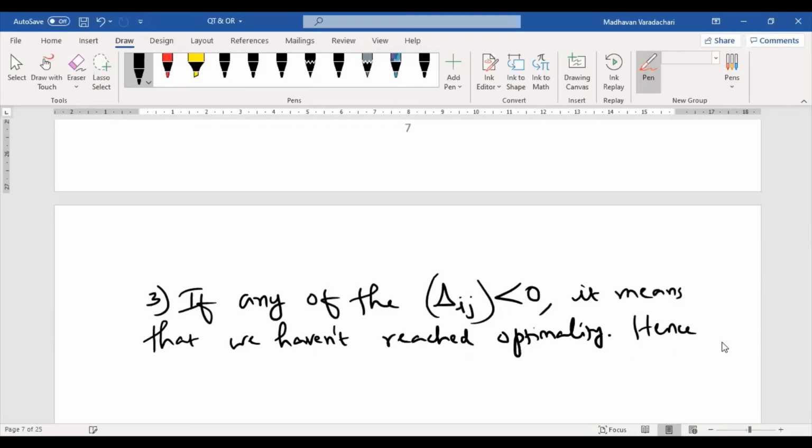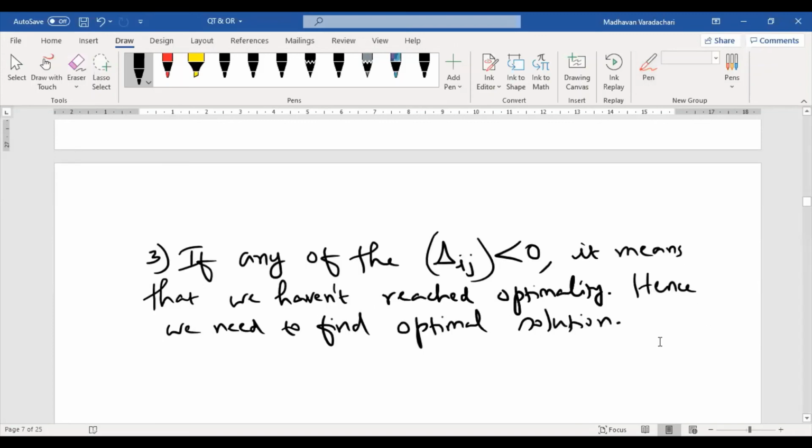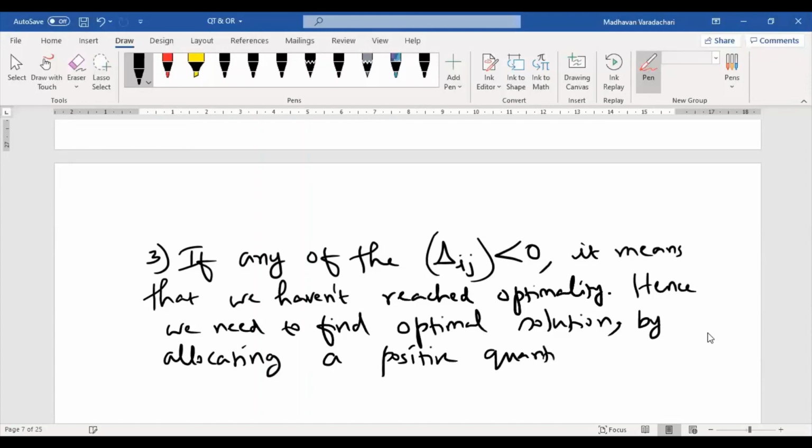Hence, we need to find the optimal solution by allocating a positive quantity, what is this symbol? Theta. Very good. A positive quantity theta to the cell which has the most negative delta ij value.